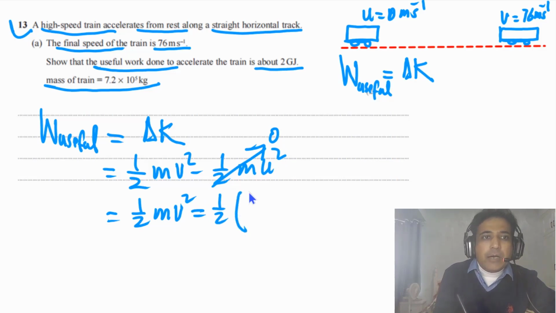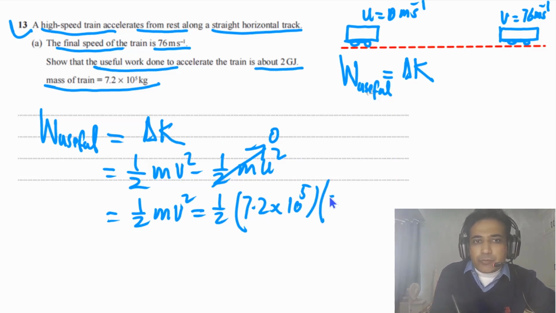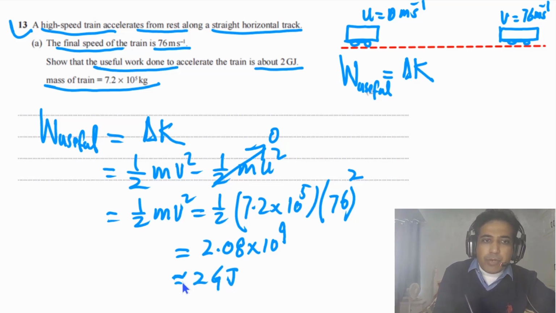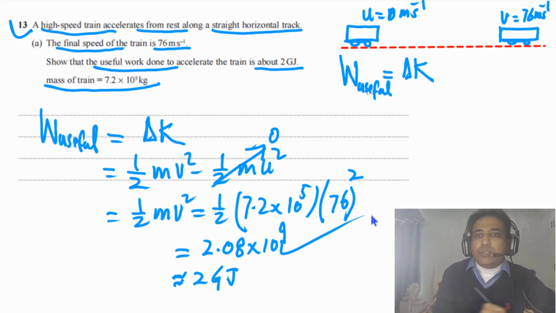So we have 1/2 times m, which is 7.2 times 10 to 5 kg, and the value of v is 76. If we solve this one, we will get 2.08 times 10 to 9. So this is about 2 gigajoules. This is our final answer.